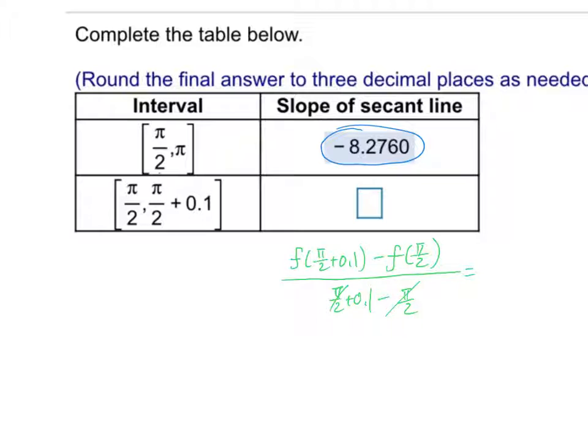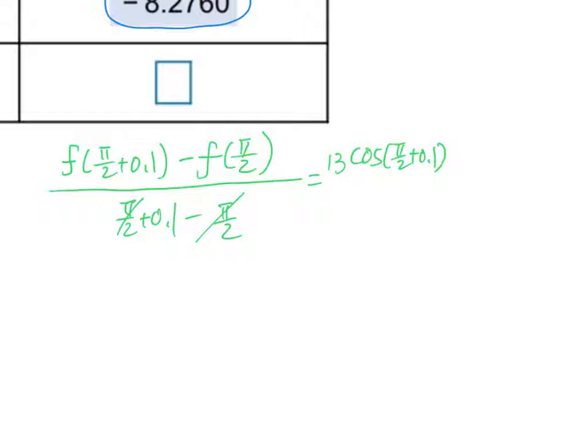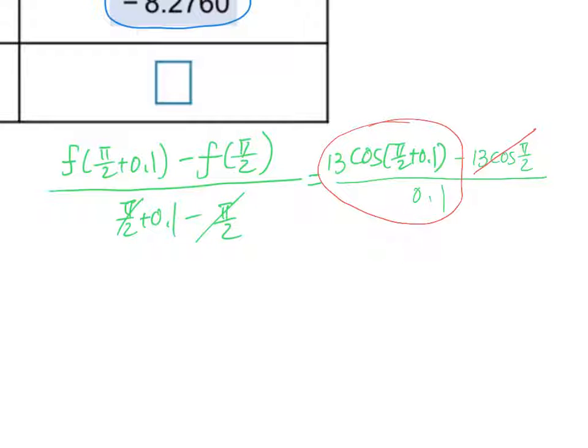So here you have 13 cosine of pi over 2 plus 0.1 minus 13 cosine of pi over 2, divided by 0.1. And again, this is 0. So you're going to just use your calculator to plug in pi over 2 plus 0.1 and then do this algebra. Then you will get to here.